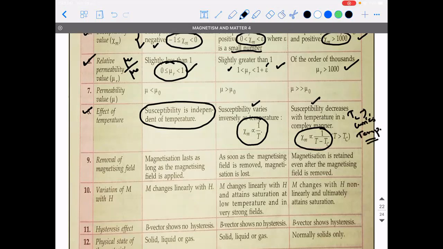Curie's temperature is the temperature at which a ferromagnetic substance will completely lose its magnetic property. I repeat, Curie's temperature is the temperature at which a ferromagnetic substance will lose its magnetism completely.